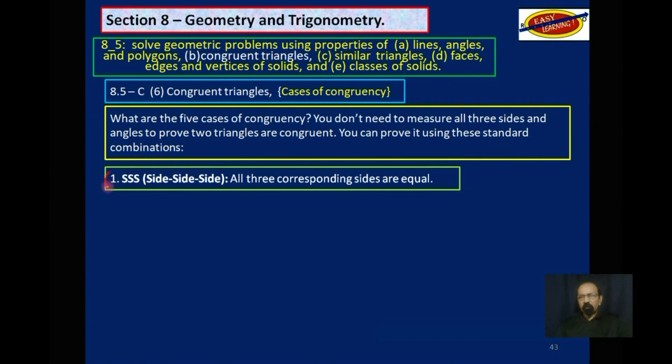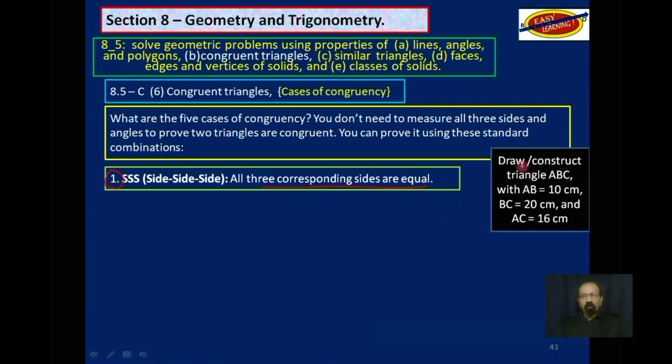So let's look a little closer at the first one. All 3 corresponding sides are equal. If I ask you, or if I ask a class to draw or construct triangle ABC with AB equal 10 centimeters, BC equal 20 centimeters, and AC equal 16 centimeters.